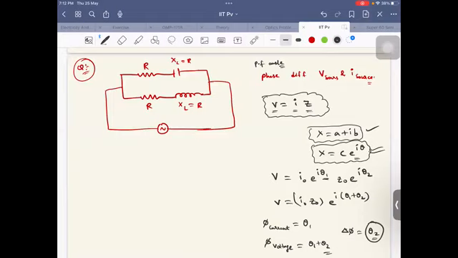But what is theta 2 here? Theta 2 is nothing but the phase, or argument, of the impedance. So that's what I told you: the power factor angle completely depends on our impedance Z.